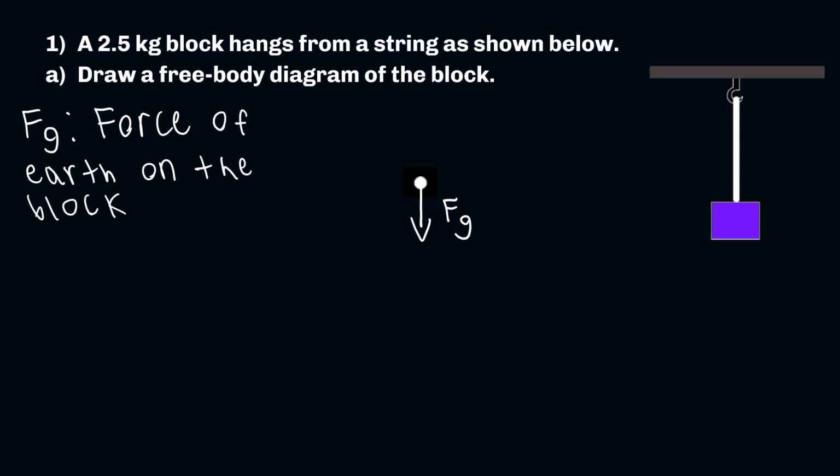So now anything else that we have here must be touching the block. And I can see based on my purple diagram over here, the only thing that is touching the block otherwise is going to be my string pulling upwards. So you can call this anything you want. We get a lot of F_S for force of a string.